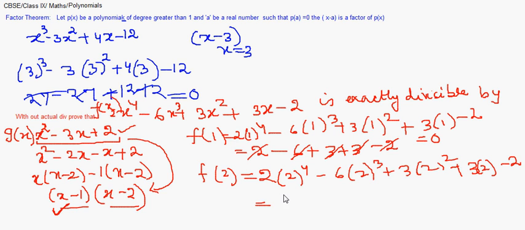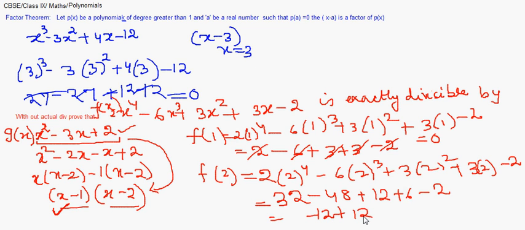That's 2 times 16 is 32, minus 6 times 8 is 48, plus 3 times 4 is 12, plus 6, minus 2. 32 minus 48 is minus 16, plus 12 is minus 4, plus 6 minus 2 is plus 4, so 12 plus 4 is 16. 16 minus 16 is 0.